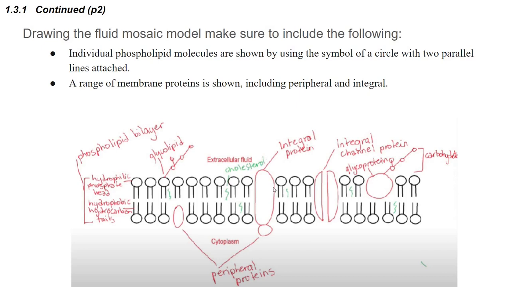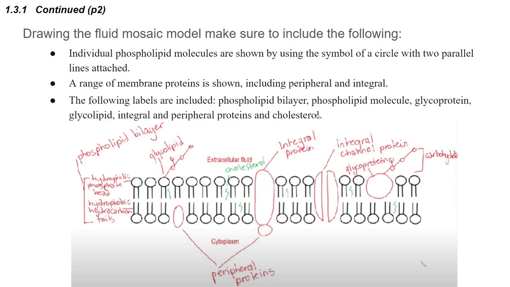So these are integral proteins, peripheral proteins, also integral. You have to include the following labels. The phospholipid bilayer, which is this whole set. We have glycoprotein right here. This protein, we have glycolipids, and then integral and peripheral proteins, as well as cholesterol inside the fatty acid tails embedded in the membrane. We'll talk about that right now.